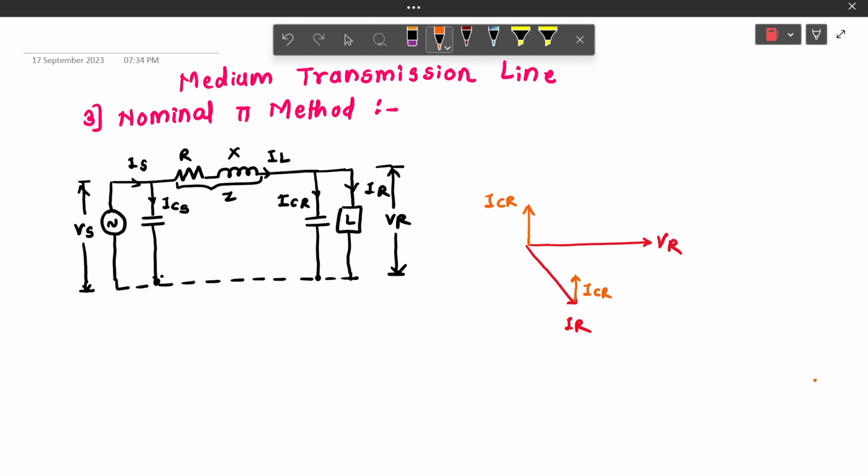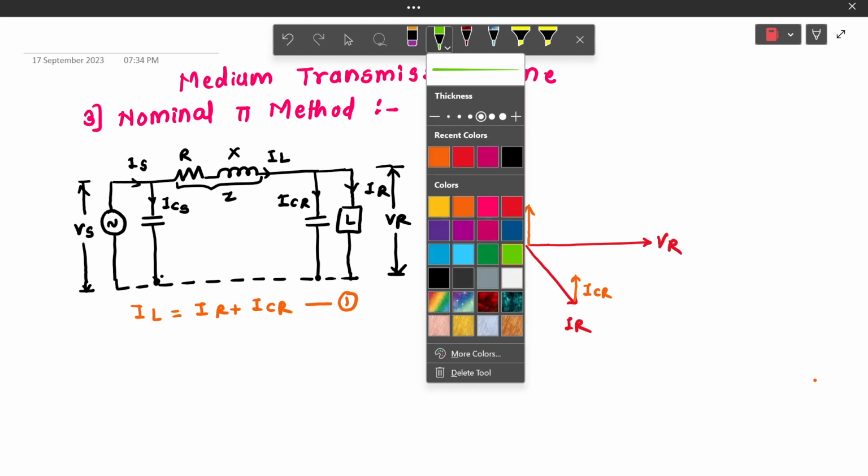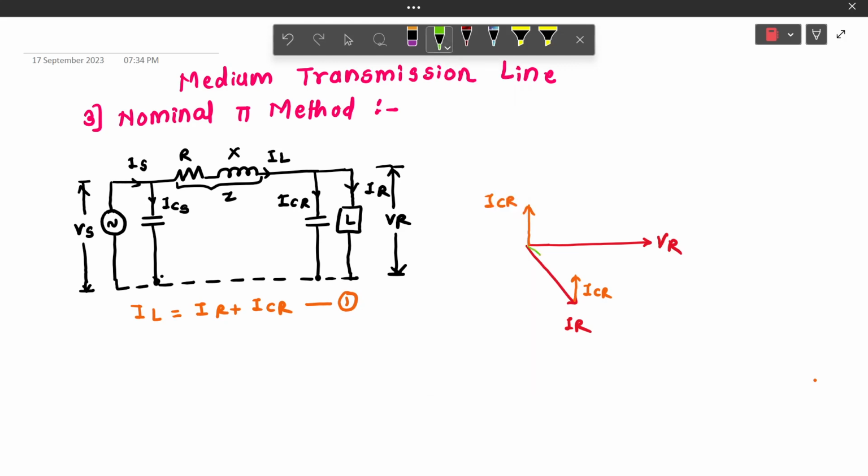If we apply KCL at node at receiving end, it is clear that IL is equal to IR plus ICR. Hence, IL is the equivalent of phasor IR and ICR. We can draw IL here. Now, if we see the diagram, the voltage drop takes place due to resistance and reactance when IL current flows through it.